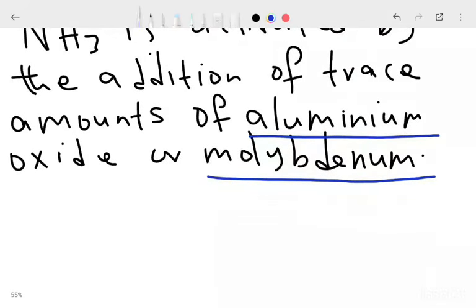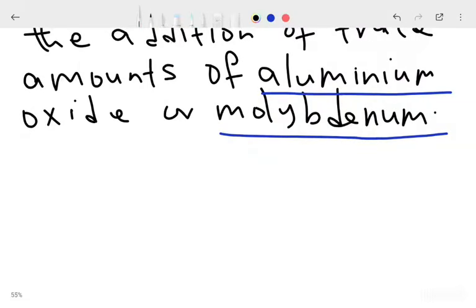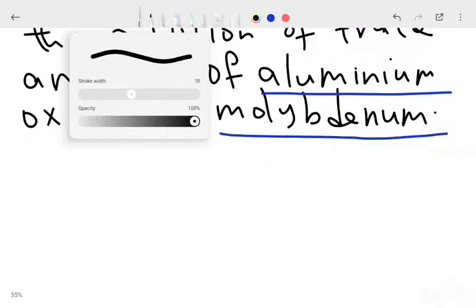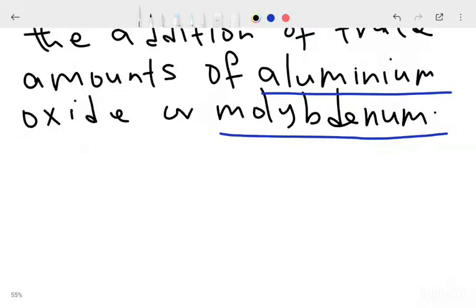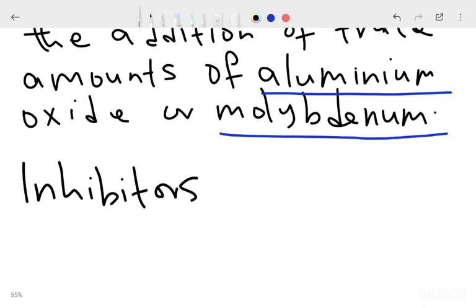Okay. Now, what are inhibitors? Are you getting it? So inhibitors are the opposite of promoters, right? You can call them inhibitors or catalyst poisons, okay?